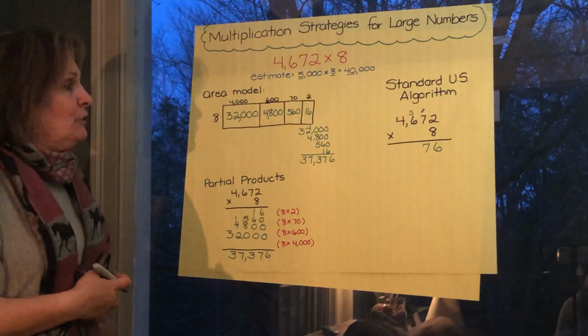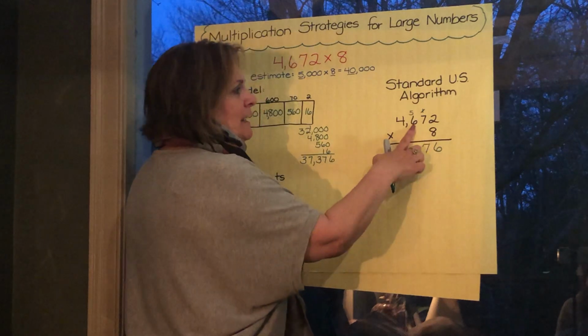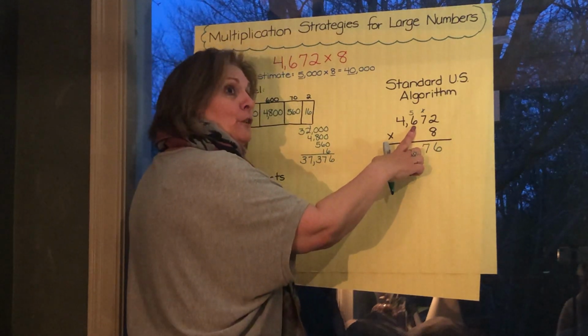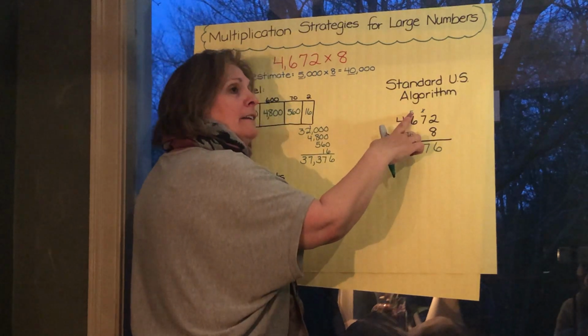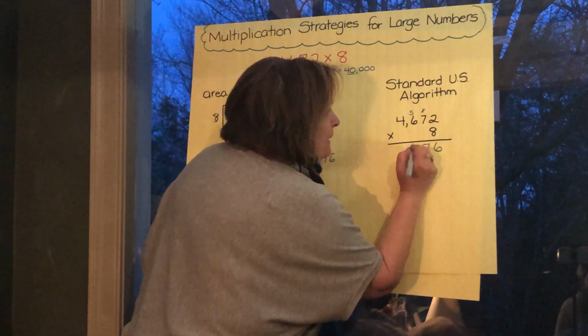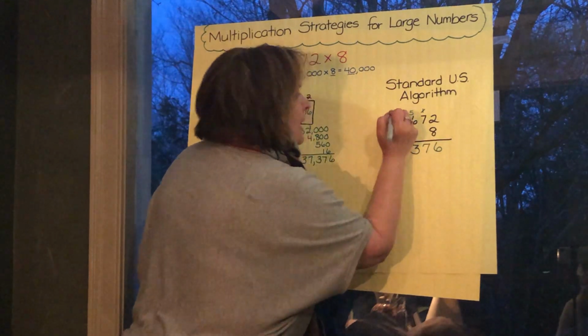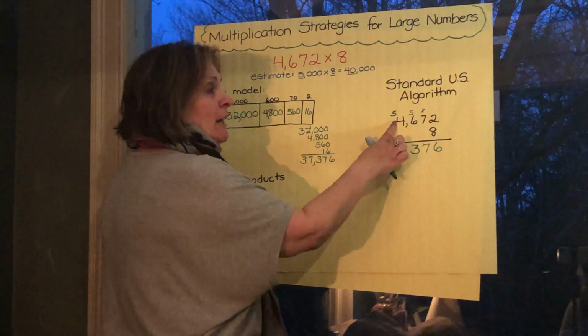Now we're into the hundreds place. We're going to go back and say 8 times 6 is 48, plus 5 more is 53. So we're going to write that 3 down and carry the 5. And finally, 8 times 4.